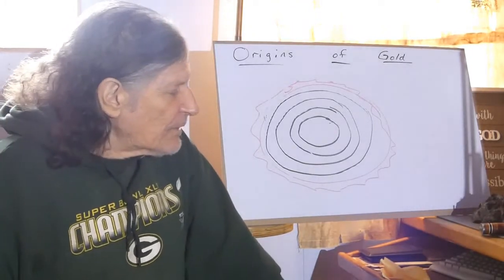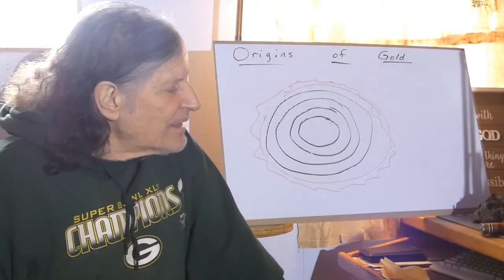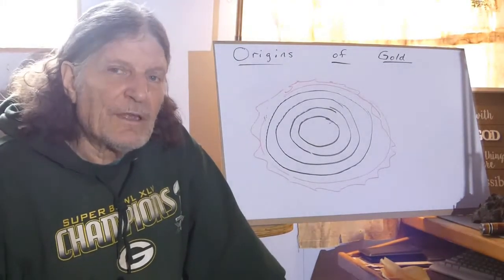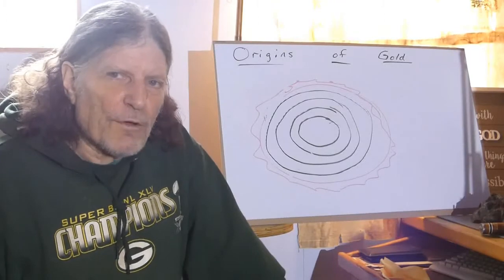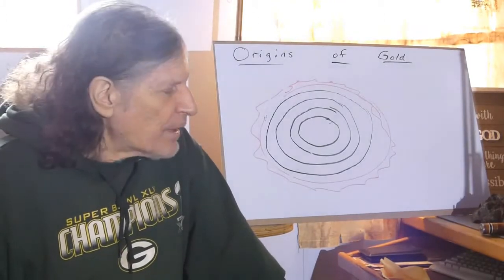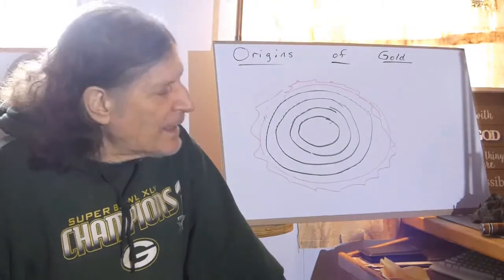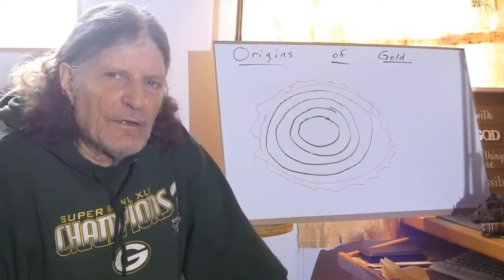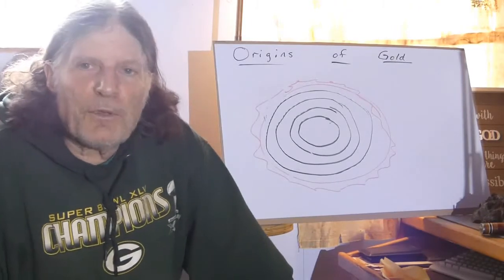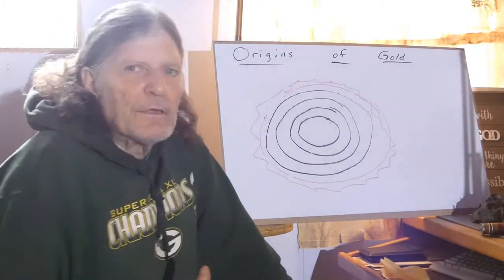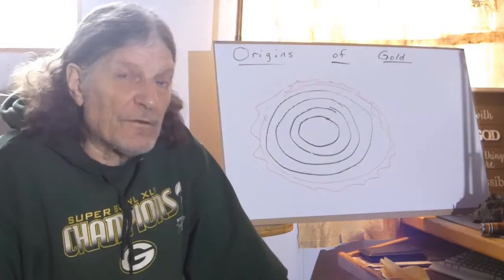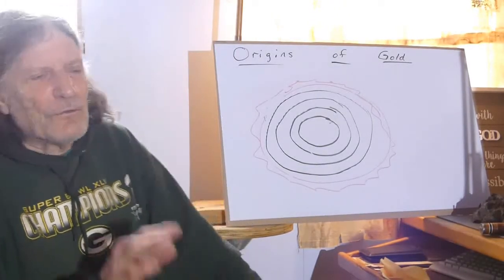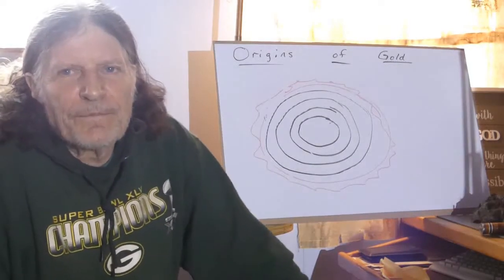But here's an interesting one. Tungsten is 19.6 times the mass of water. It has a specific gravity of 19.6. Gold has 19.32. So those are the closest two elements. If you're going to experiment with gold collection systems, tungsten is really what you want to use if you don't have the gold, because it's really, really close in character.